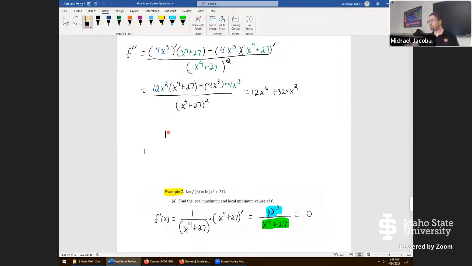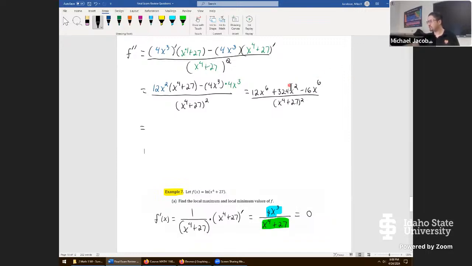So that finalizes the distributions. This one's not a distributive law. We're just multiplying -4 times 4 for a -16. x cubed times x cubed causes the powers to add up. Now it's x power 6. All of which is divided by x power 4 plus 27 squared.